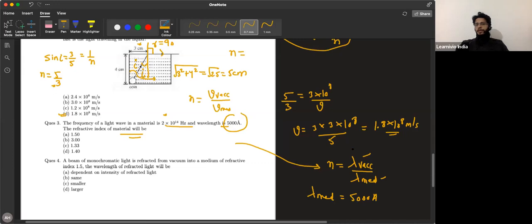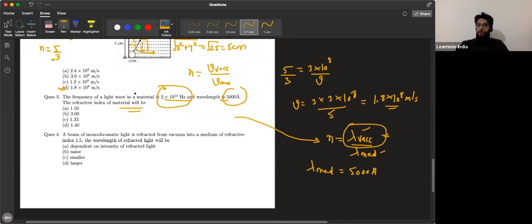But the wavelength of light in vacuum is not given. To calculate it, you can use the fact that frequency does not change during refraction. It means the frequency of light in vacuum and in any medium is the same. So the frequency, even in vacuum, is 2 into 10 raised to power 14 hertz.